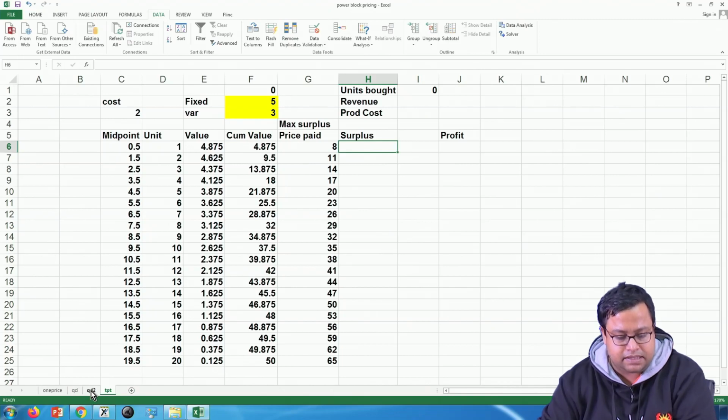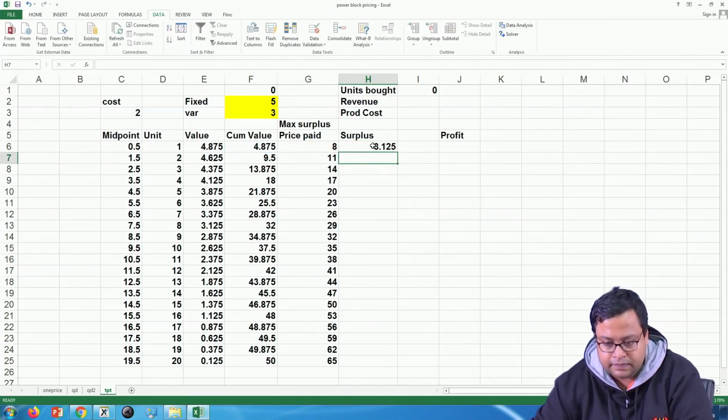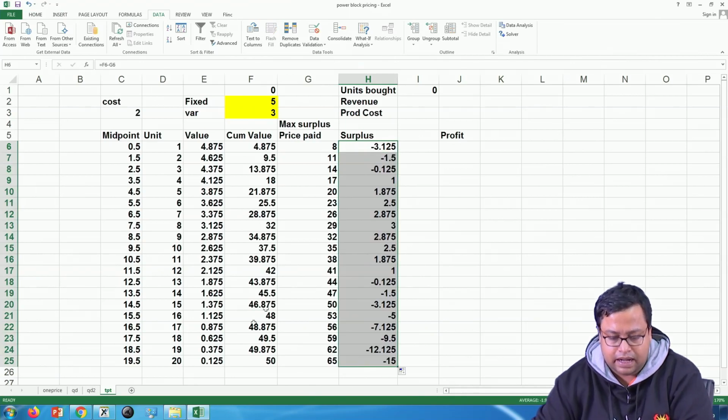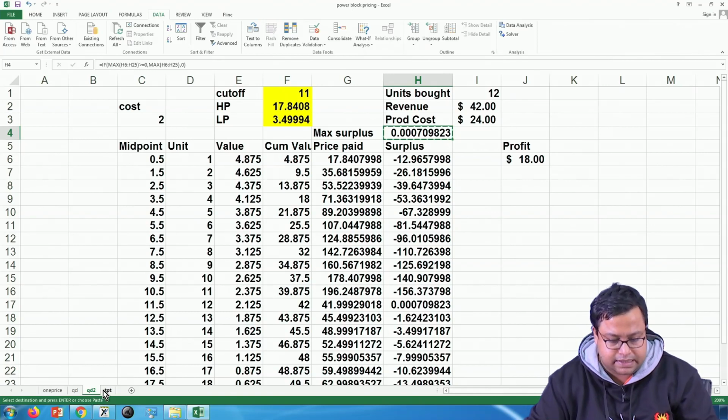Then what is the surplus? The surplus is nothing but your cumulative value minus the price, and that is the surplus. The rest of the formula I will just copy from here, there is nothing new to say.